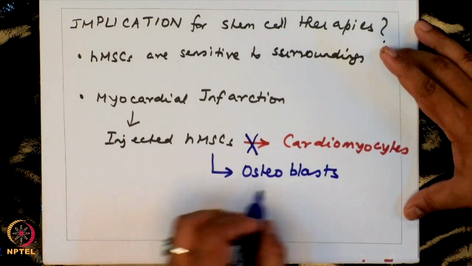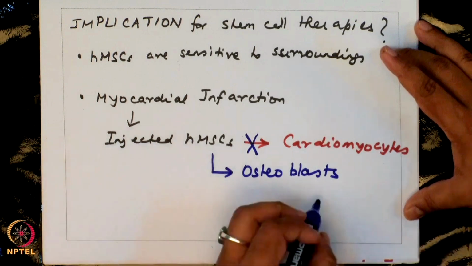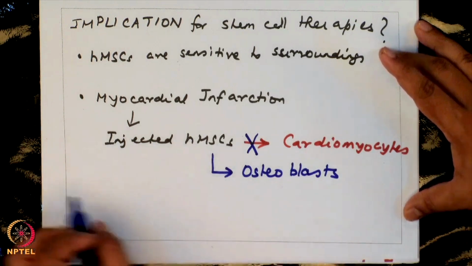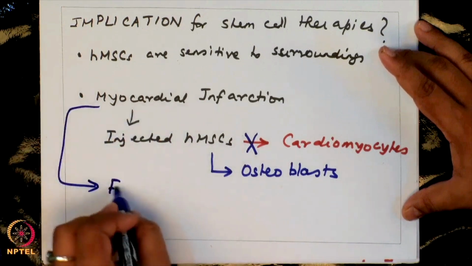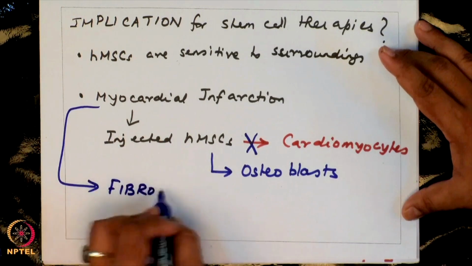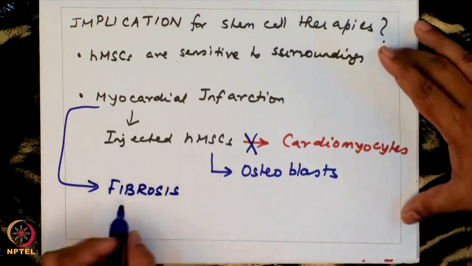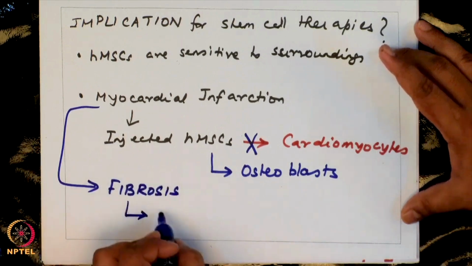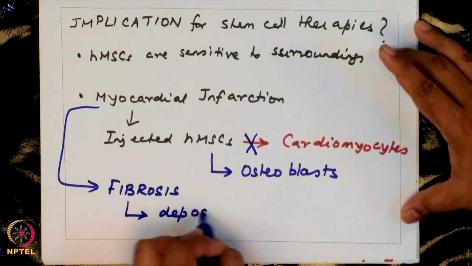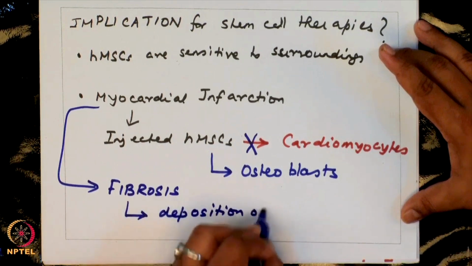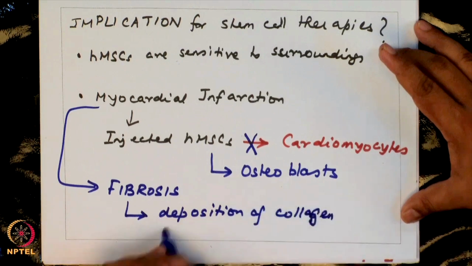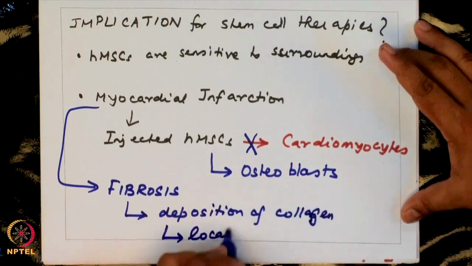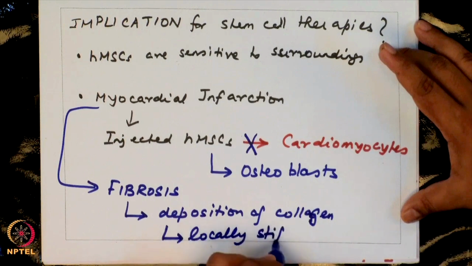The reason the cells were found to differentiate into osteoblasts was because whenever you have myocardial infarction, you have fibrosis. Fibrosis is a lot of deposition of collagen, so this would locally stiffen the matrix.